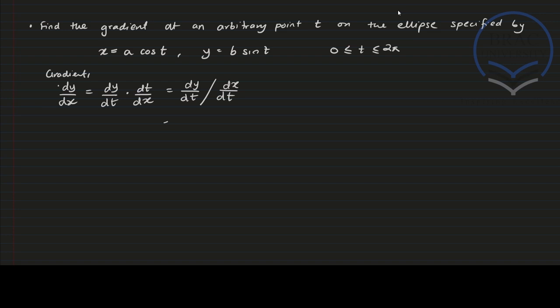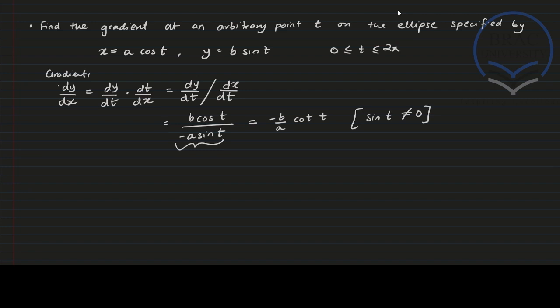Now differentiating y first with respect to t, we get b cos of t in the numerator, and this will be divided by the differentiation of x with respect to t, which is simply minus a sine of t. This finally gives us the answer, minus b by a cot of t, given that sine t is not equal to 0, because we have sine t in the denominator.